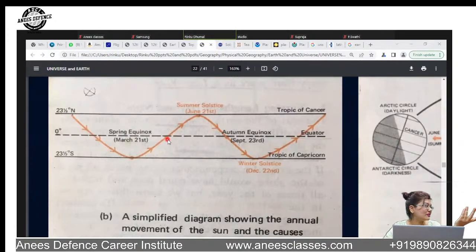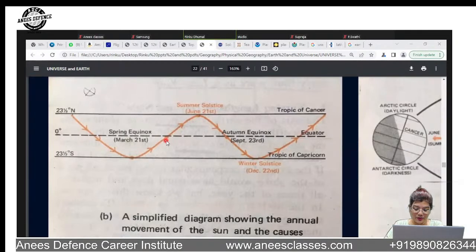Vernal is an adjective for spring. So the spring equinox occurs on March 21st, the third month of the calendar. We are saying that this is the first time that the sun is exactly overhead the equator.